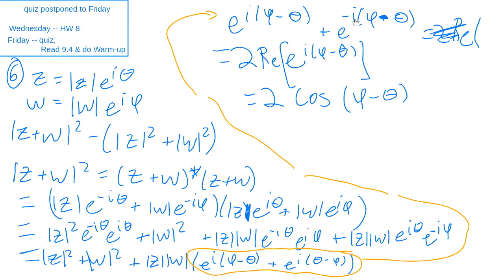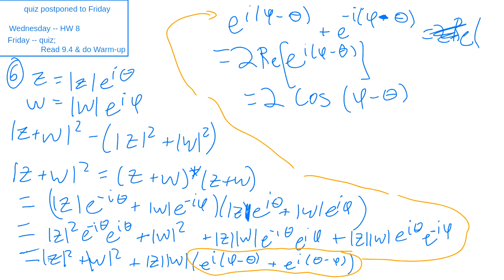And notice cosine of minus an argument doesn't change, cosine's an even function, but sine, when you put in a minus sign, becomes negative, because sine is an odd function, so that part would cancel when you added them together, and you'd be left with the cosine terms.